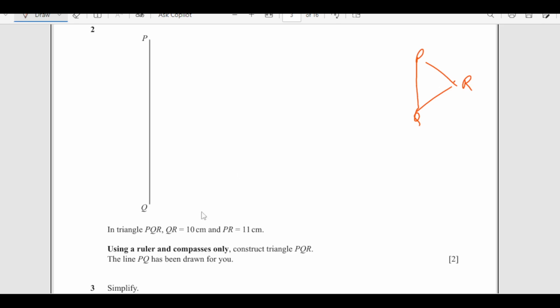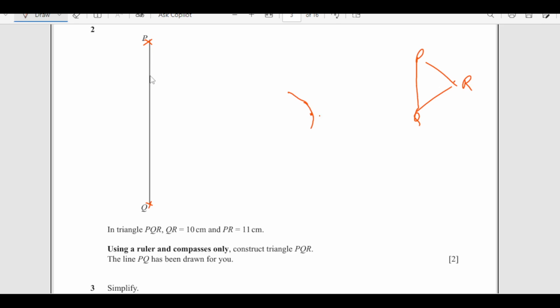So place your compass at point Q, right, and open the radius of 10 centimeters. So let's say this is somewhere here, right? Then draw an arc like this. Okay, draw a big one so that the other one is going to come over here, and PR, P is starting from here, R is going to come over here. So for this you are going to open 11 centimeters.